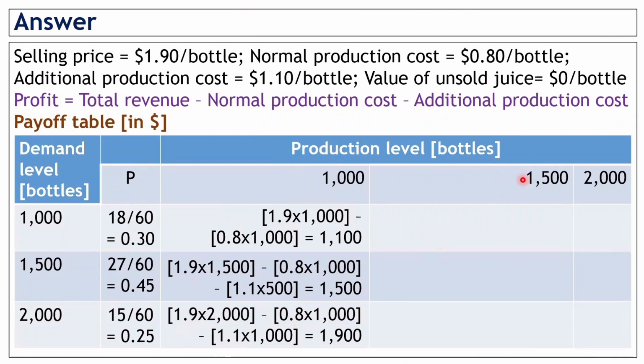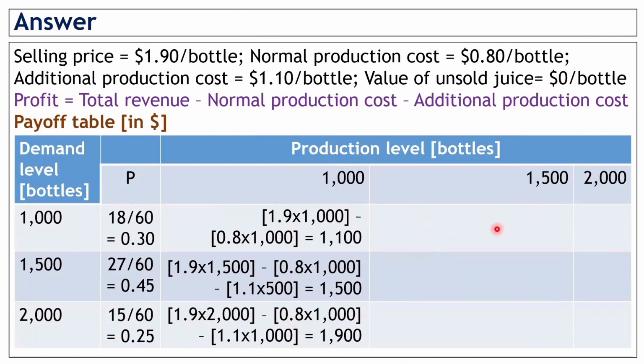For a production level of 1,500 bottles, when the demand is 1,000 bottles, that's a case whereby demand is less than supply. When demand is less than supply, we'll have unsold juice. And for the unsold juice, the value is 0 since the unsold juice will be donated to the homeless shelter free of charge.